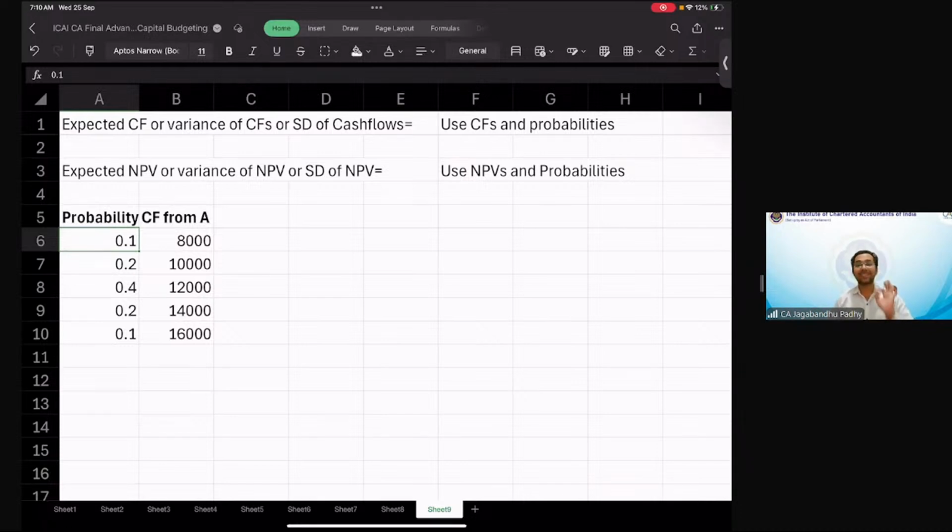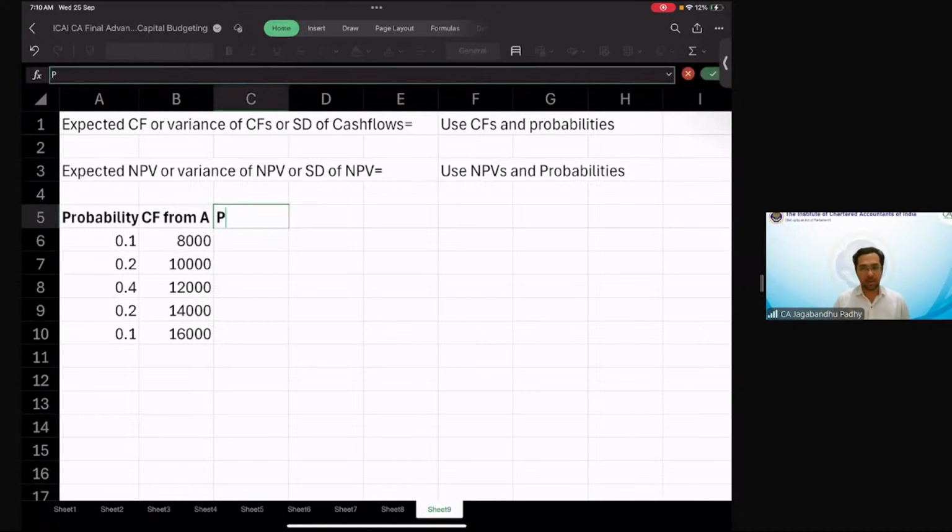Now, since these probabilities have been given for the project A cash flows, we can get the expected cash flow of this project 1 year later. These are the set of cash flows that we are likely to get from the project in the next 1 year. So we want to know the expected cash flow from the project after a year. For that, we just simply multiply the probability with the cash flow.